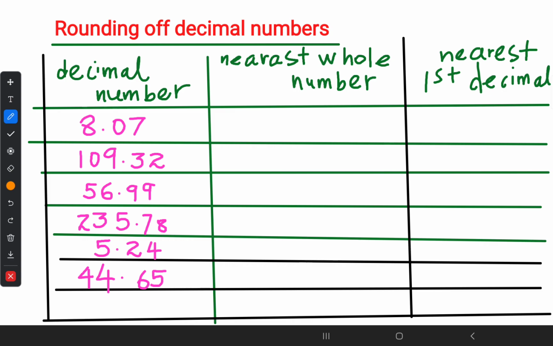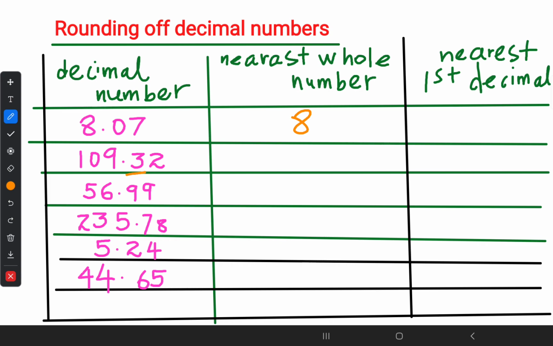Nearest whole number means I have to consider the first decimal place. Since it belongs to the first set of numbers, it will remain the same as 8. If you want, you can write it as 8.00, but that's not compulsory. You can keep it as a whole number. And here also, nearest whole number means I have to consider the value after that.